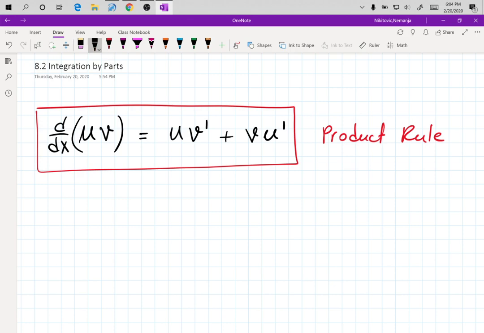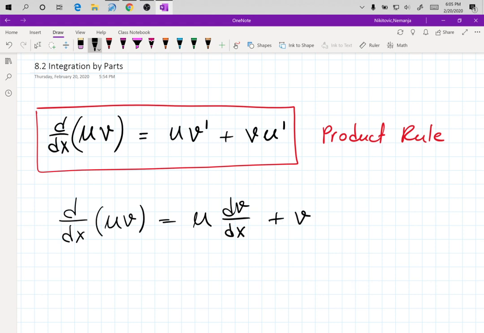Now, what I'm going to do is rewrite this as dv dx and du dx. So, we have d/dx of uv, that's the derivative, is equal to u dv/dx plus v du/dx.